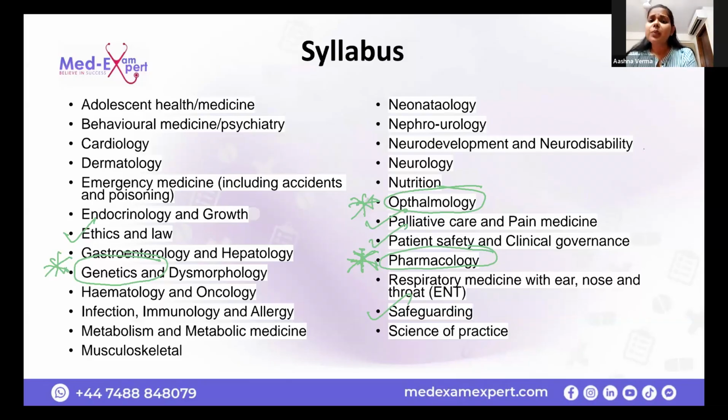So Marfan syndrome, and many named syndromes which are commonly asked from genetics are quite interesting and also scoring. And again, it is one of those topics which we want to run away from, but it becomes a point where you can get an extra edge. So if you're good with genetics, you get that extra edge and you tend to score more.